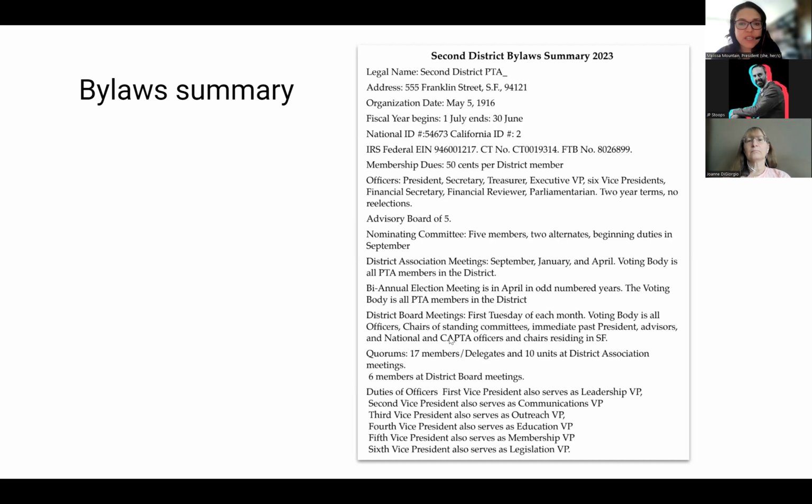It talks about the nominating committee. Most are 3 or 5 members, usually an odd number. And it tells you when you're doing your meetings, for both board meetings and association meetings. It tells you about your all-important quorums: how many people do you need to run a board meeting, to run an association meeting?